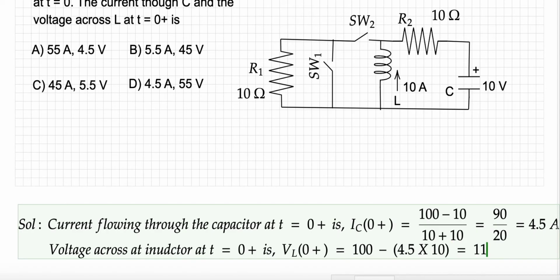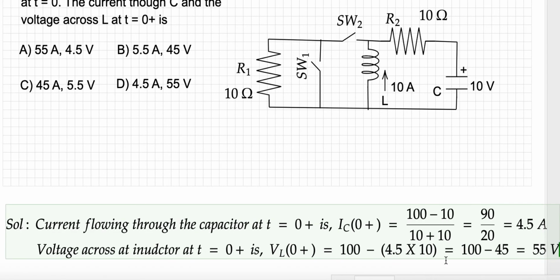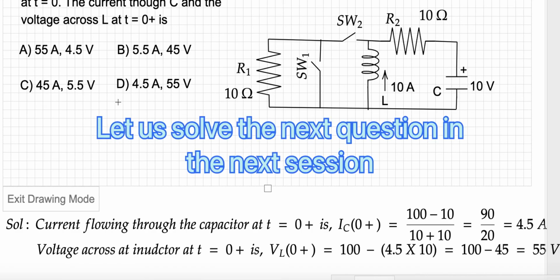So 100 minus 45 equal to 55. So for 4.5 ampere, 55 volts is the answer. So option D is the correct answer. Right, fair enough.